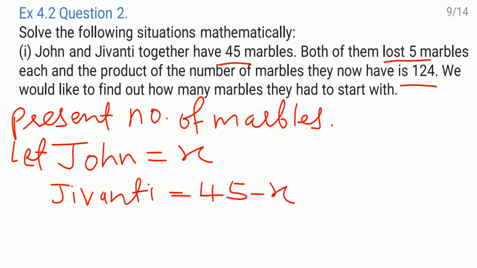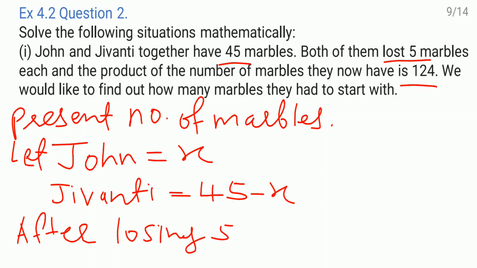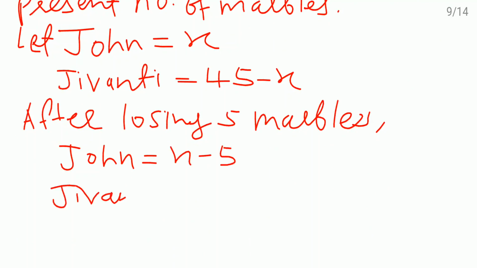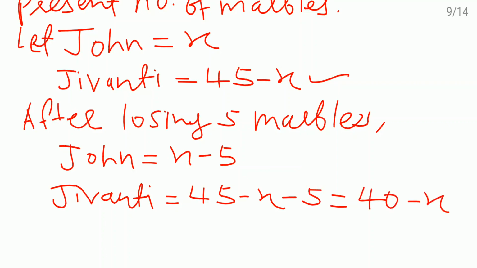So after losing 5 marbles, I'll write here: now John has X minus 5 marbles and Jivanti has 45 minus X minus 5. Already she has these many marbles, now again 5 marbles she has lost. So 45 minus X minus 5 means 40 minus X marbles.